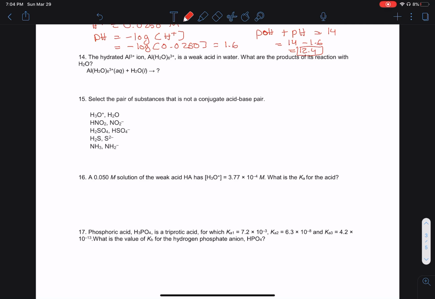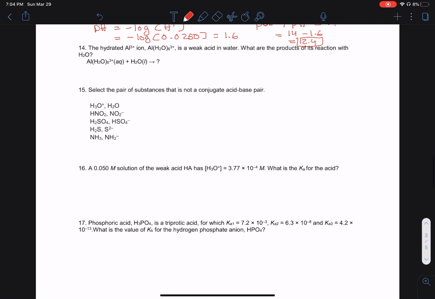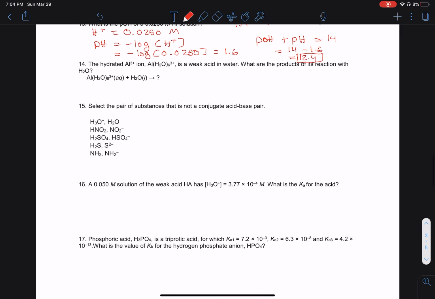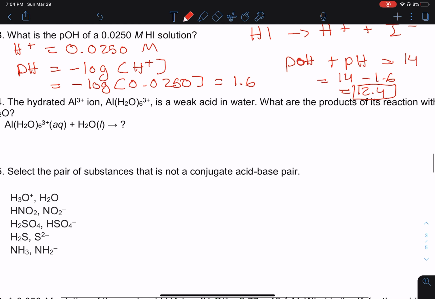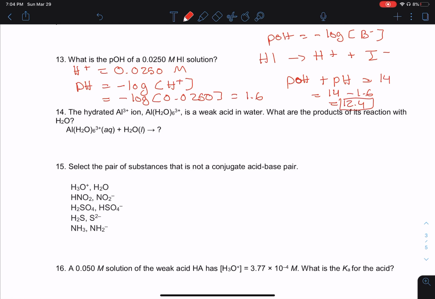Okay, moving on. This next question is asking the hydrated aluminum 3 plus ion is a weak acid in water. What are the products of its reaction with H2O? So, since aluminum chloride is added to water, it gets hydrolyzed because Al3 plus is a highly charged ion.